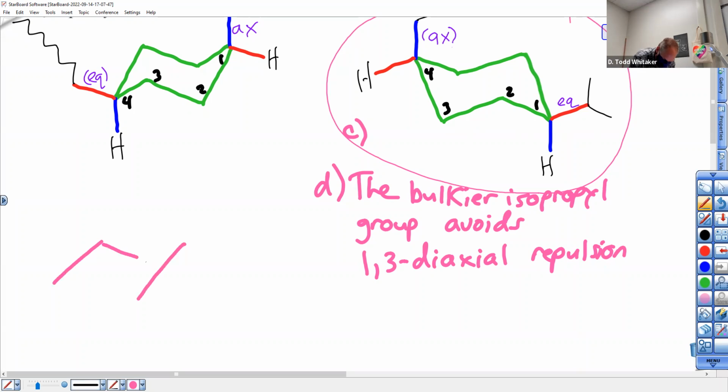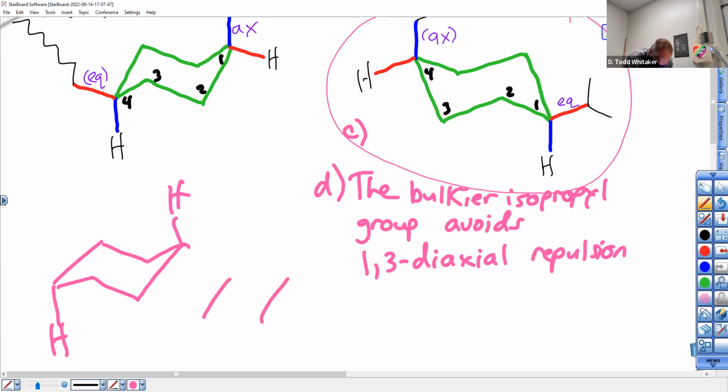Here, the worst drawn chair ever, but fast. Are those H's even remotely close to each other? No. And they're axial? That's like the best interaction there. They're 180 degrees from each other.